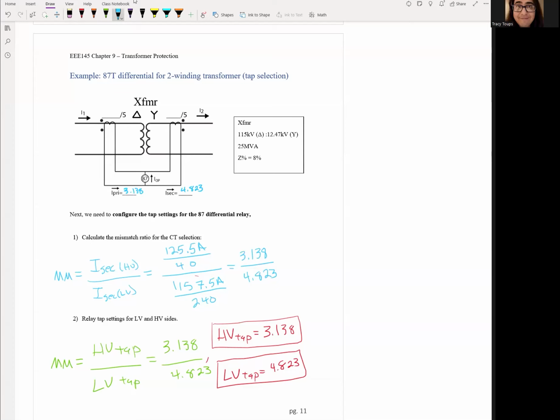So our mismatch was 3.138 over 4.823. You could just carry that over. Our mismatch is literally a high voltage tap over a low voltage tap. The easiest way for a digital relay is just to take those two numbers and slam them into the actual tap setting. Because we know our secondary current on the high voltage side is 3.138, a high voltage tap of 3.138, our low voltage tap is 4.823, which corresponds to the secondary current on the low voltage side.